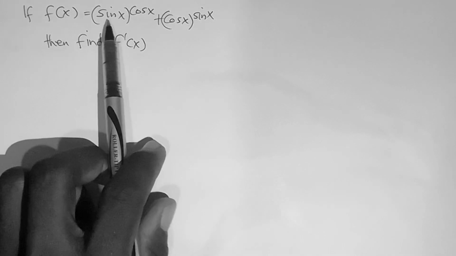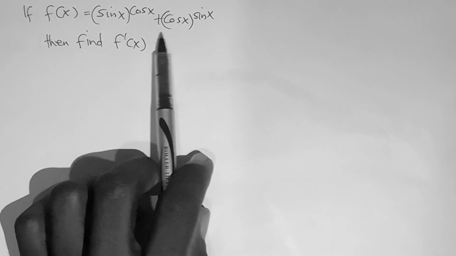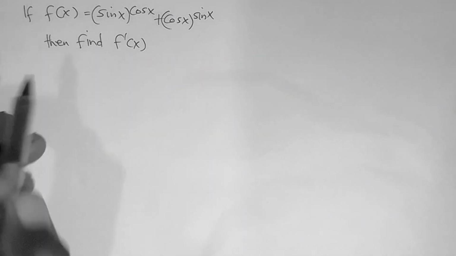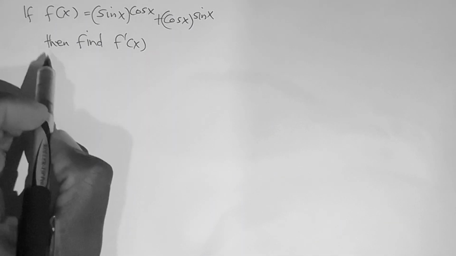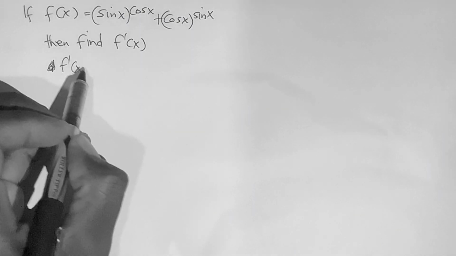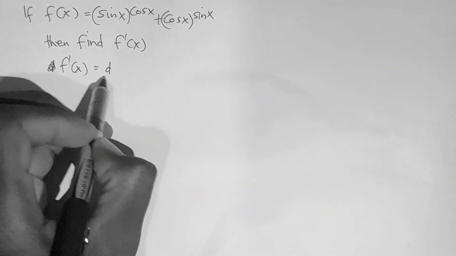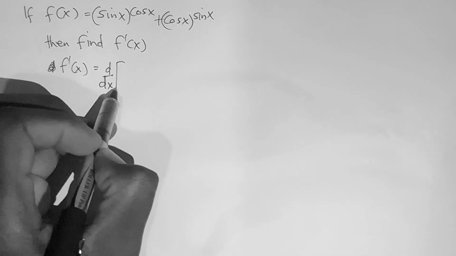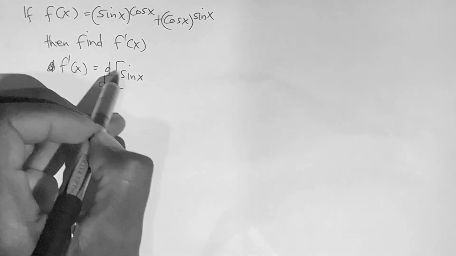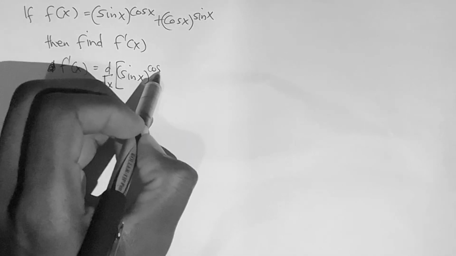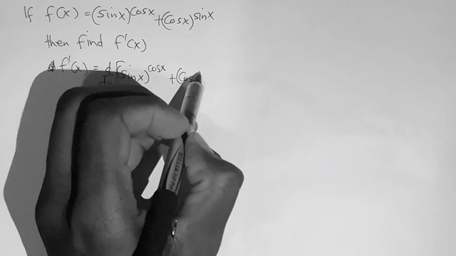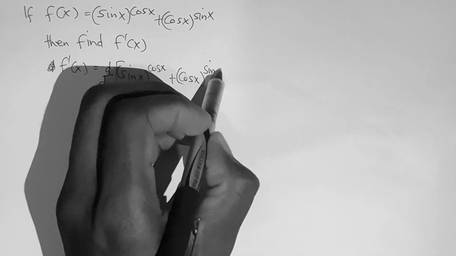If f of x is equal to sine x exponent cos x plus cos x exponent sine x, then find f prime of x. So now you see that f prime of x is equal to d dx of sine x exponent cos x plus cos x exponent sine x.